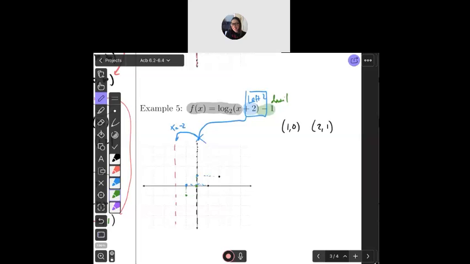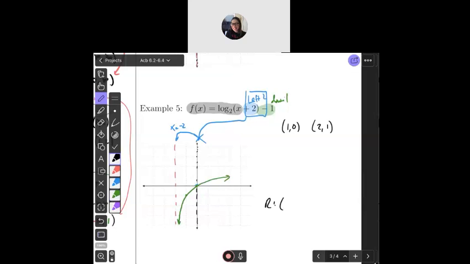Let me erase this junk here that we didn't need anymore. Now we're about out of time here. Curve through those 2 points, curve up on the right, flat along the asymptote on the left. Just looks something like that.